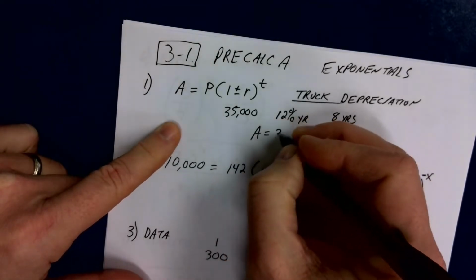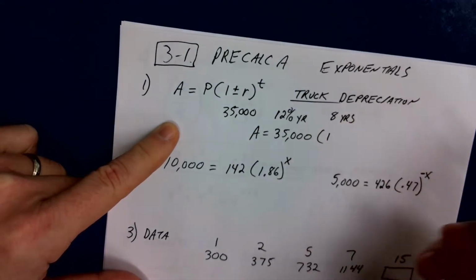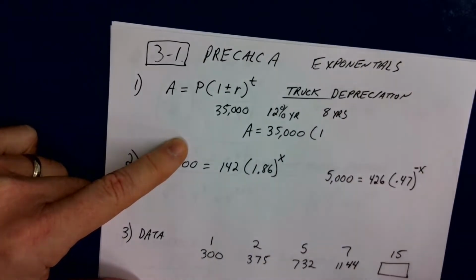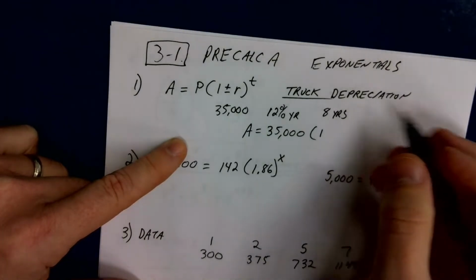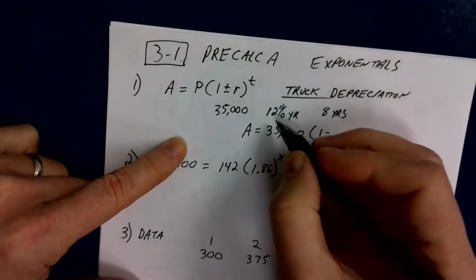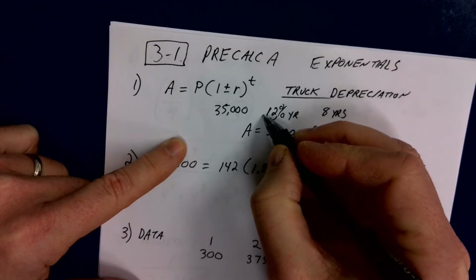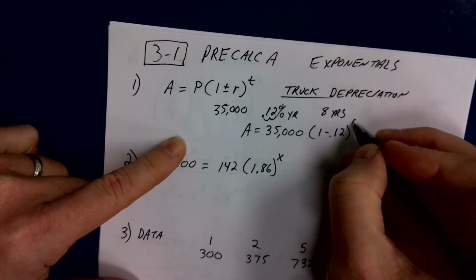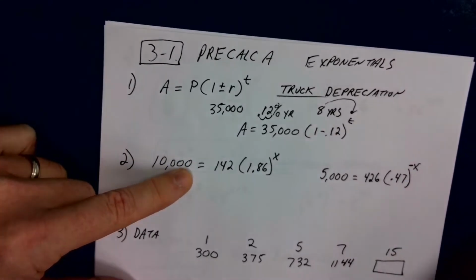So I write A equals 35,000, parentheses 1. Now you have to decide, does truck depreciation mean that it goes up or it goes down? Depreciation means that it's going to lose value over time. So it's going to be minus 12%. To change a percent to a decimal, move 2 places to the left, so that's minus 0.12, raised to the t, and that t is going to be, in this case, 8.